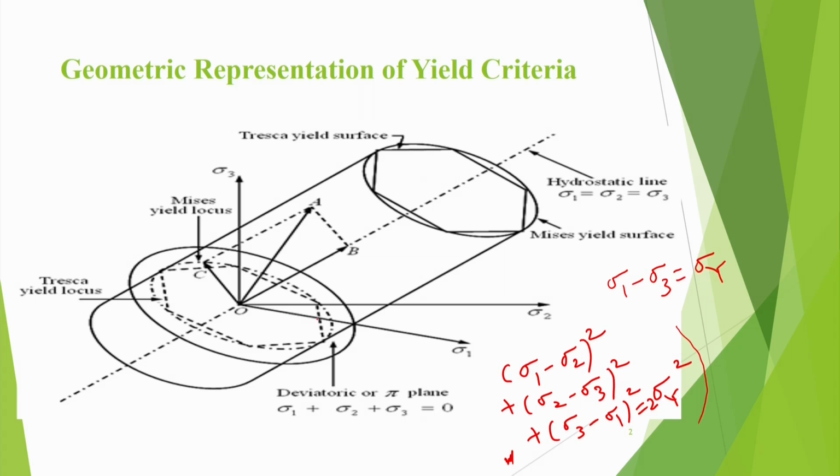So when this plane cuts the surface, we get a yield locus, and that yield locus will be a circle for the von Mises criterion and a regular hexagon for the Tresca criterion.